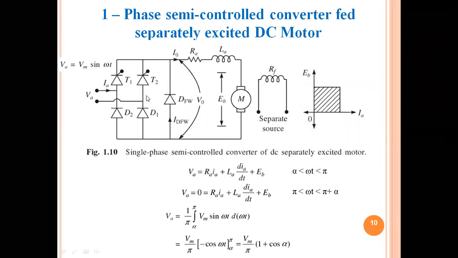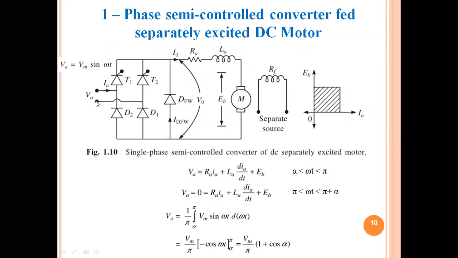At the same point, the thyristor T2 will become forward biased. So in the forward biased condition, at pi plus alpha, this T2 will be triggered. Alpha is the firing angle. So at pi plus alpha, this T2 is triggered.